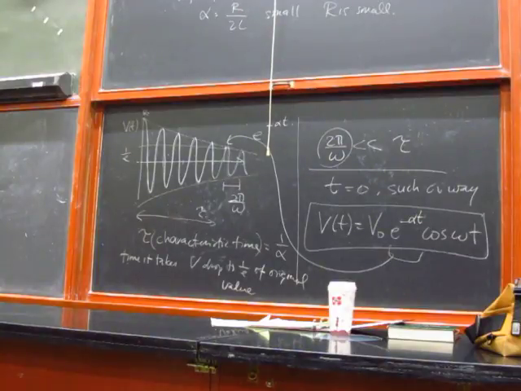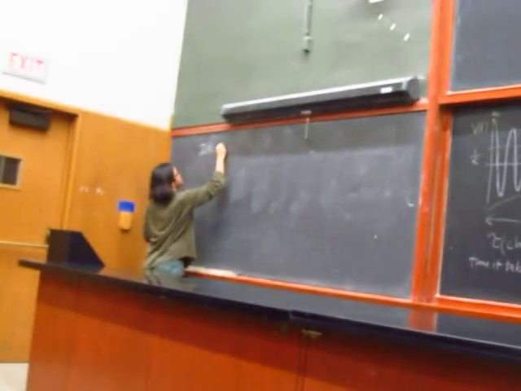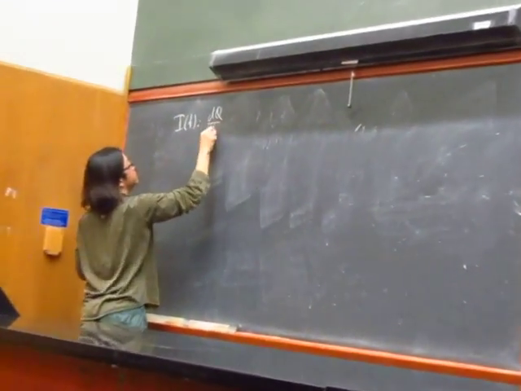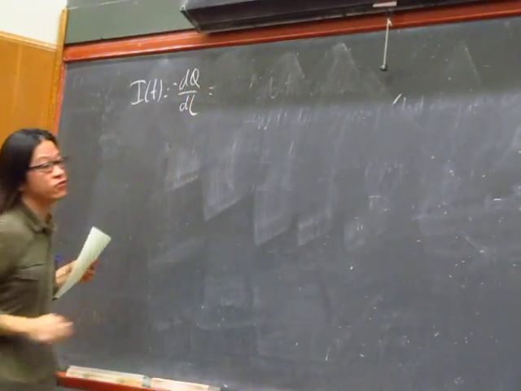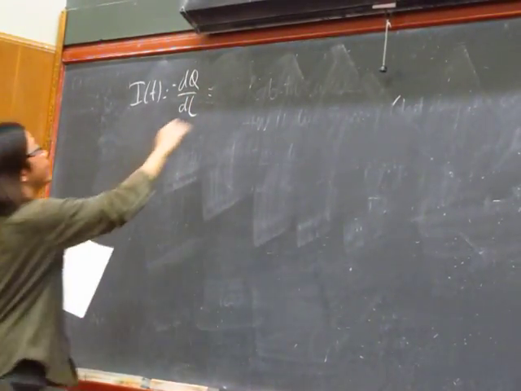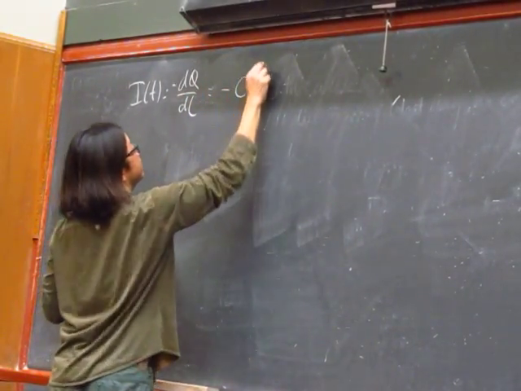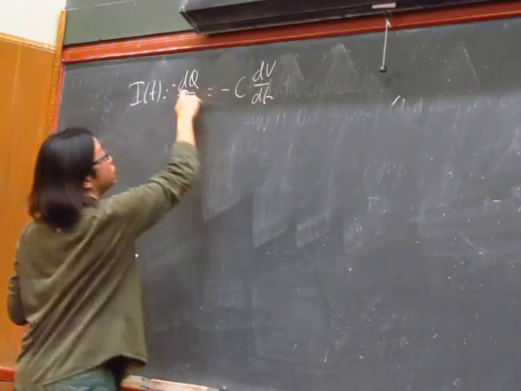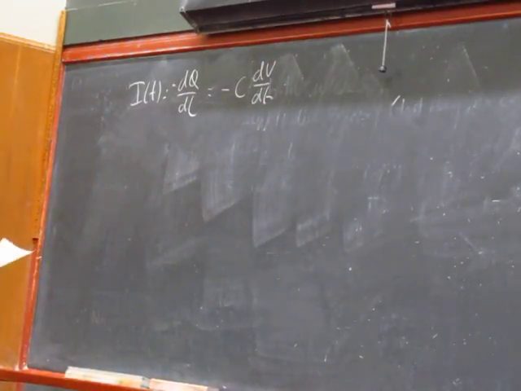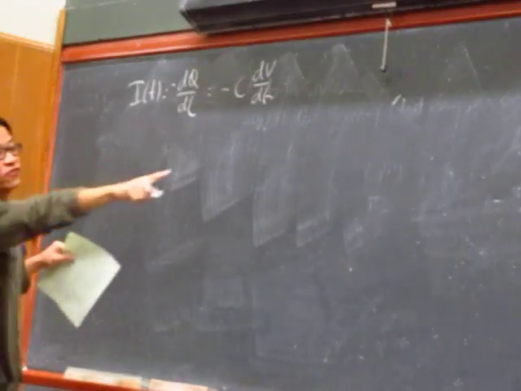So let's look at the current. The current I is just minus dQ/dt, and Q is just CV. So it's minus C dV/dt. I need to differentiate that function.